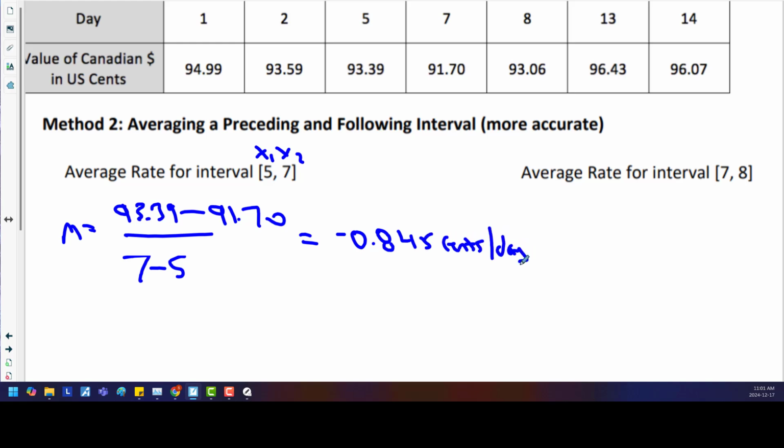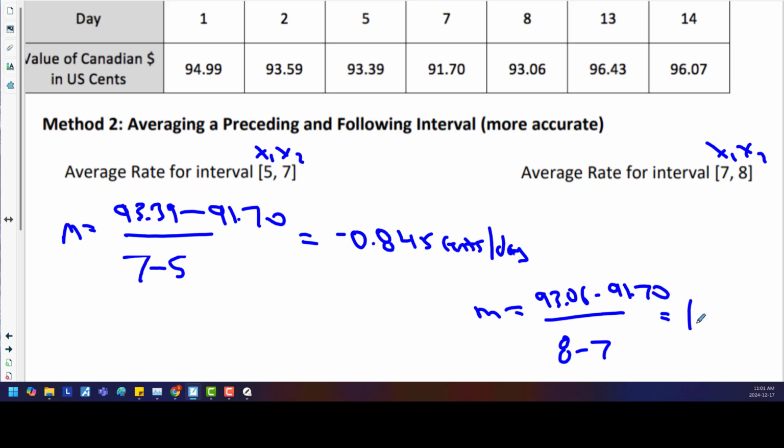Always important units. For the interval 7 and 8, same thing. We're going to do 8 minus 7, and it's 93.06 minus 91.7. And if you do that correctly, you get close to 1.36 cents per day.